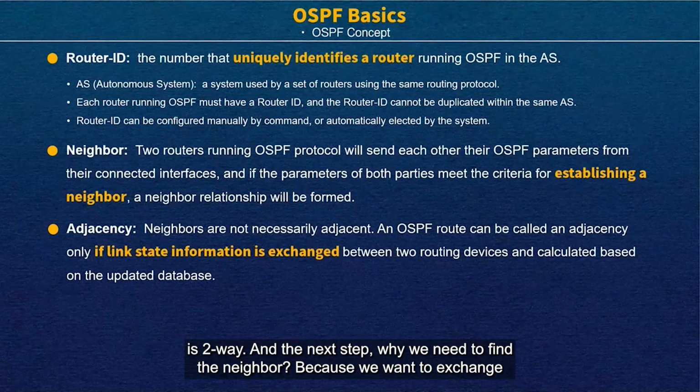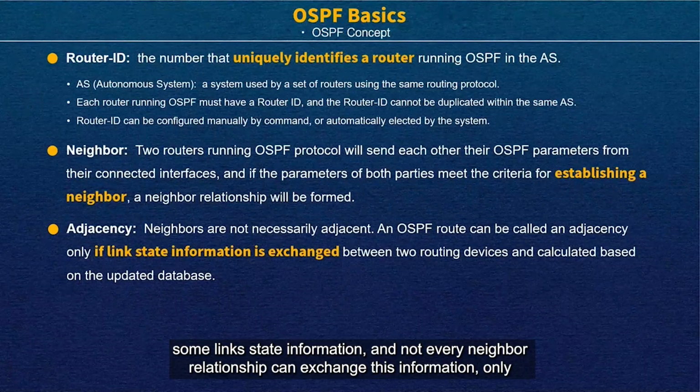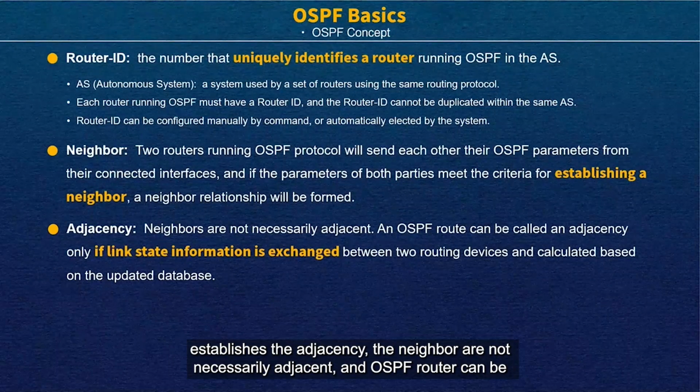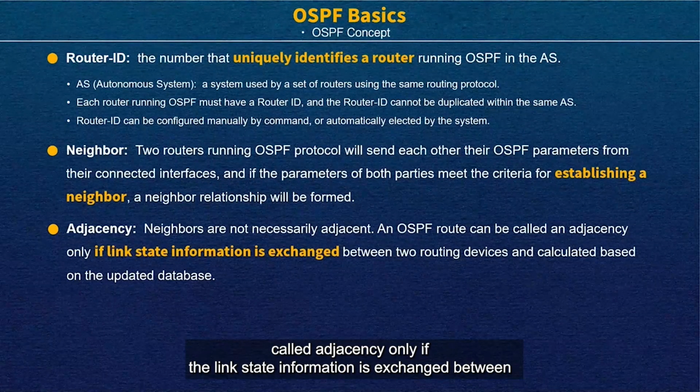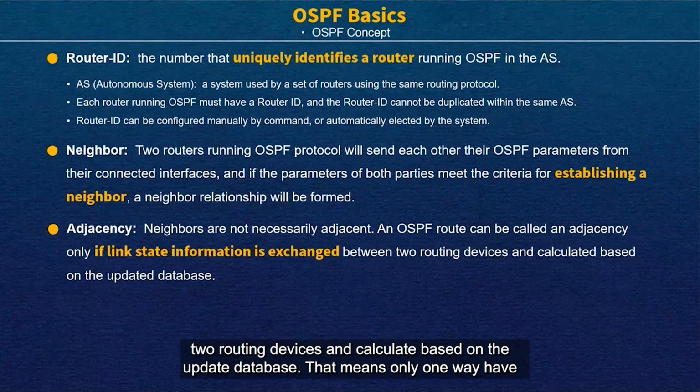And the next step, why do we need to find the neighbor? Because we want to exchange link data information. And not every neighbor relationship can exchange this information. Only after establishing the adjacency. Neighbors are not necessarily adjacent. An OSPF router can be called adjacent only if the link status information is exchanged between two routing devices and calculated based on the updated database.